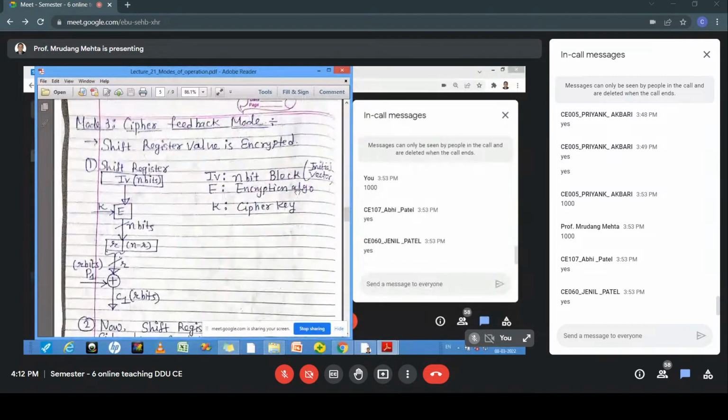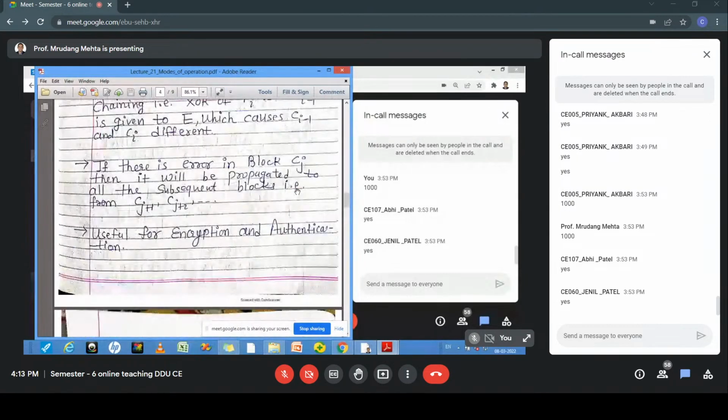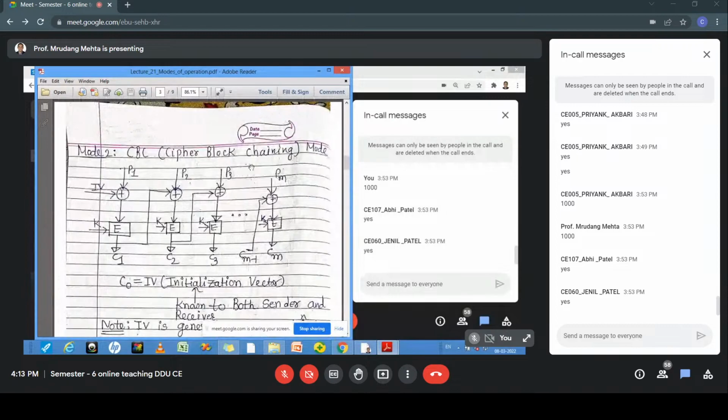The third mode is cipher feedback mode. So far, have you understood whatever I discussed? Both the modes, electronic code book and cipher block chaining, are understood?